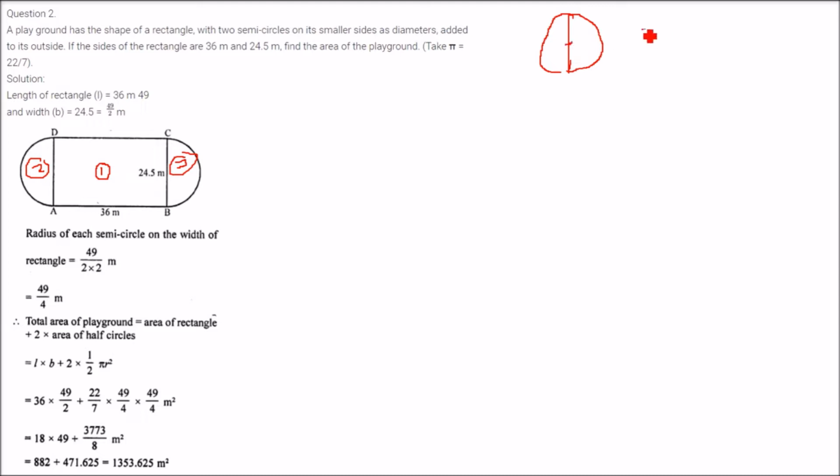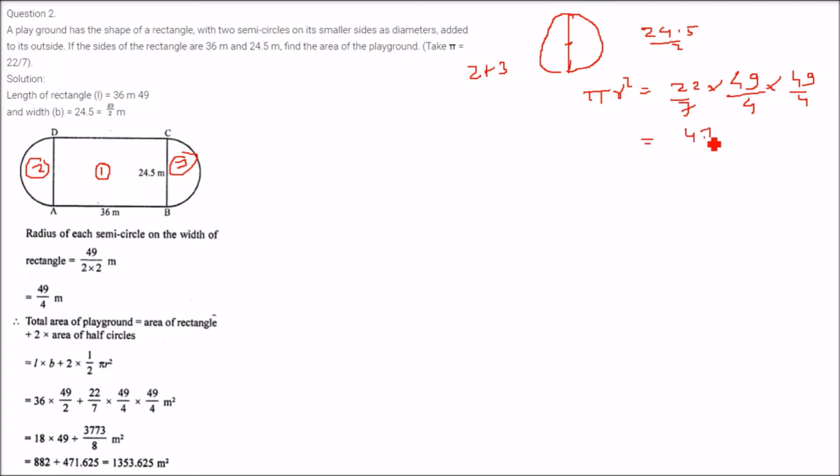So we have this as 24.5, so radius will be 24.5 by 2. So the area of this second and third added will be pi r square. This will be 22 by 7, and 24.5 by 2 you can write as 49 by 4.